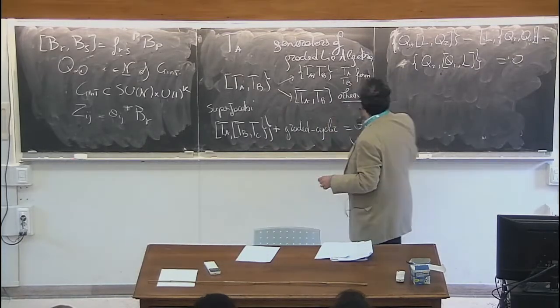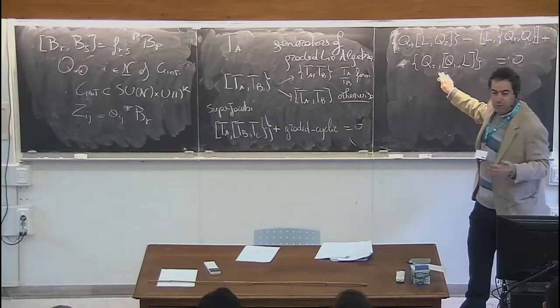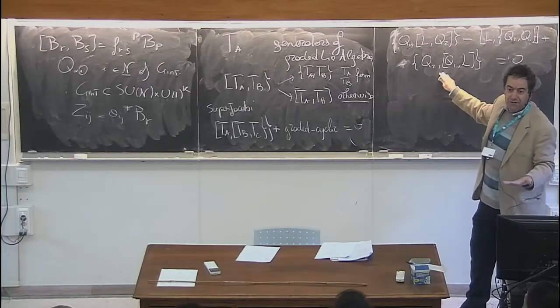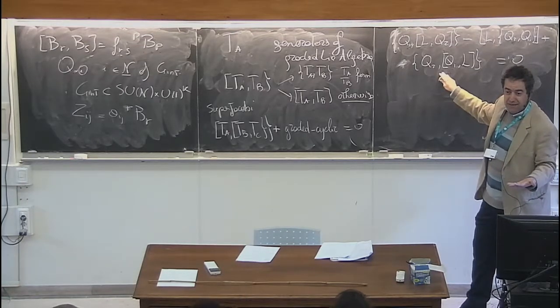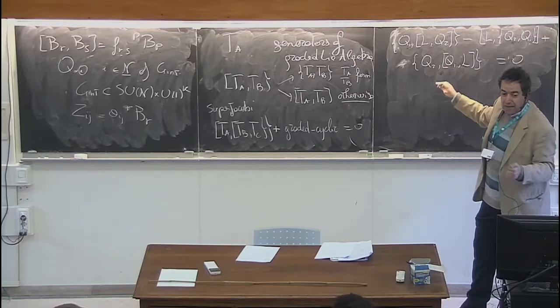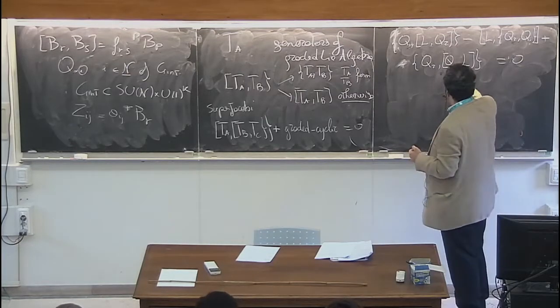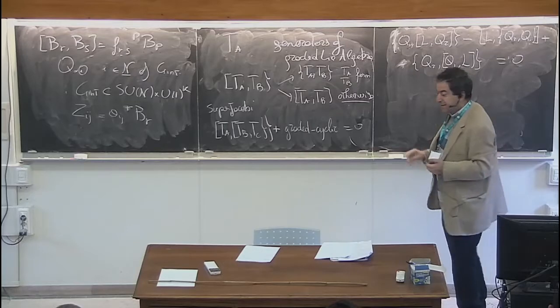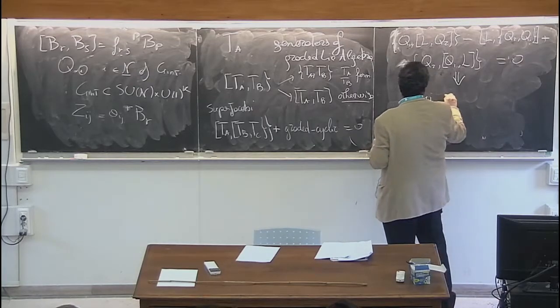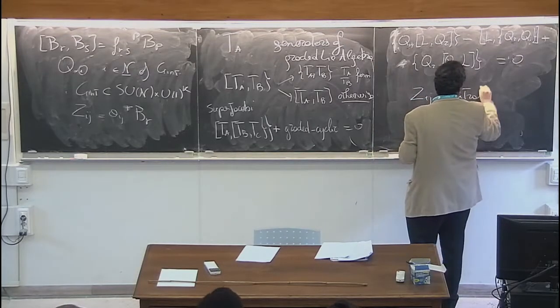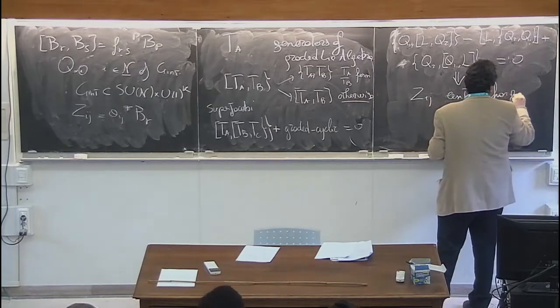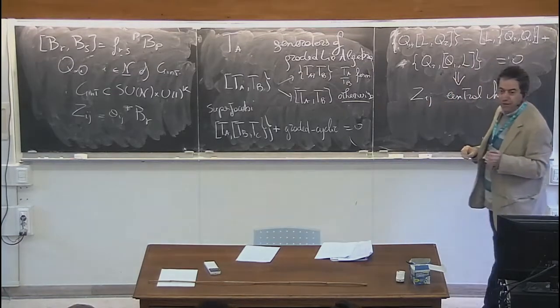Now, this condition imposes constraints, as usual, on the structure constants. In particular, you can verify that this implies that Zij are central charges. I invite you to do the computation.